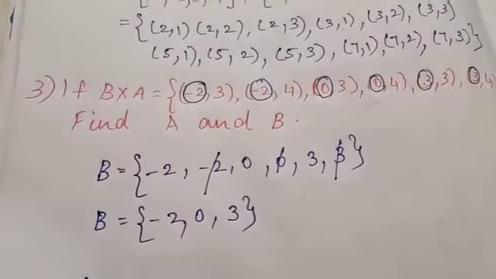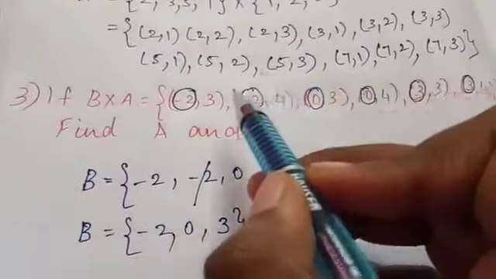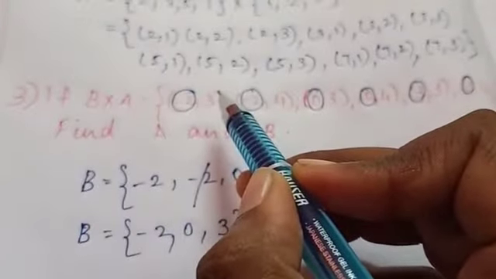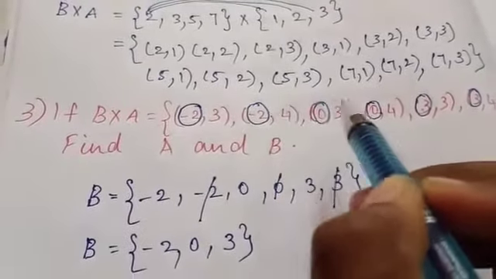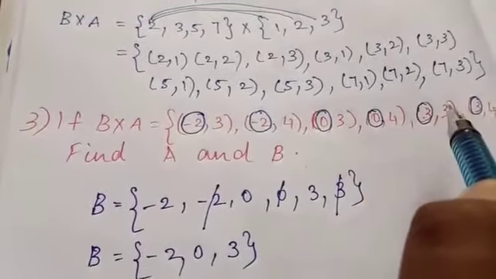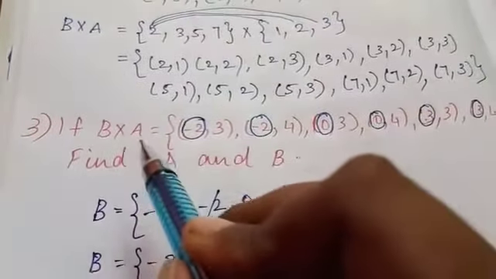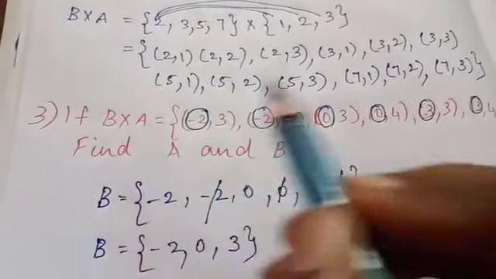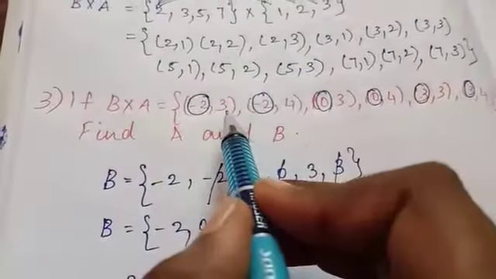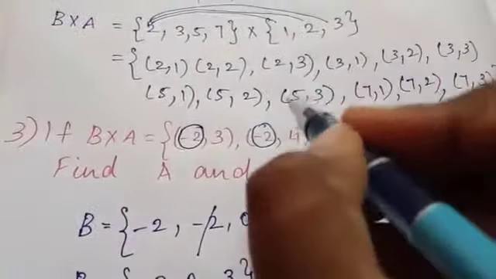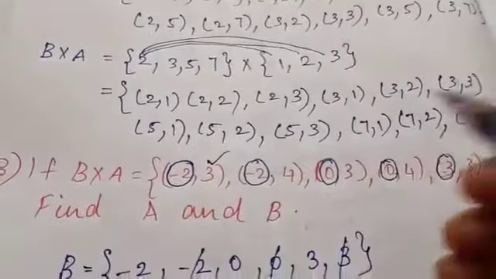Now the second set here is A. The second element of each ordered pair belongs to the second set, that is A. I am ticking off the second elements.